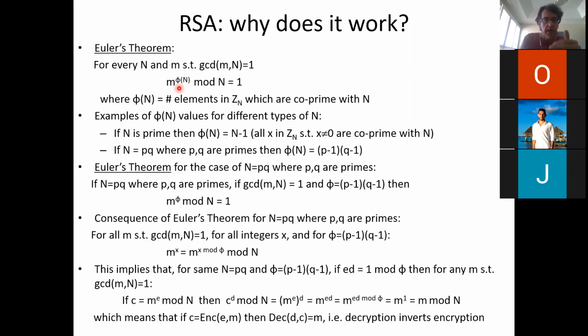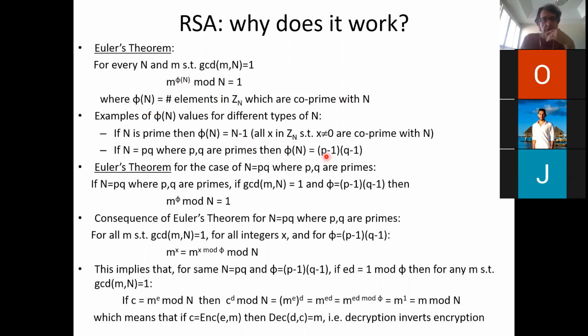If you remember exponentiating mod small moduli in the first homework, you notice that at some point you always get back to 1. So you take any number mod 7, you exponentiate it over and over, eventually you get 1 back and you cycle, because the next power will be identical to the first element, and so forth. What Euler's theorem says is that at phi of n, there's always a cycle, where phi of n is the number of elements in Zn which are coprime with n.